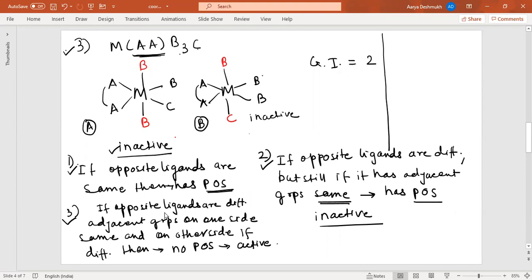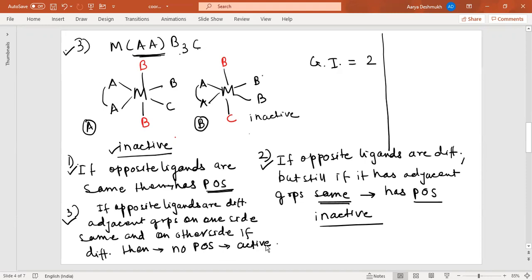Now, if opposite ligands are different and the adjacent groups on one side are the same and on the other side different, then that molecule will not have a plane of symmetry and it will be optically active.